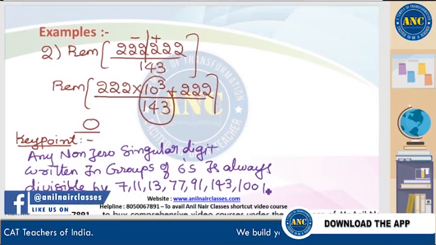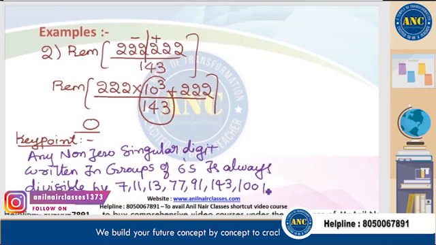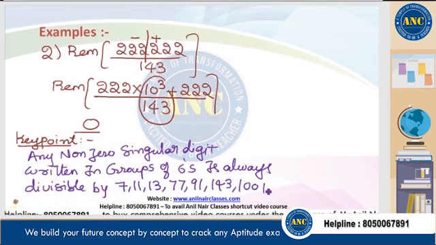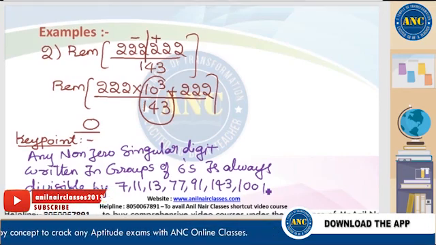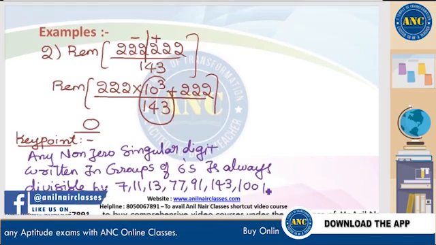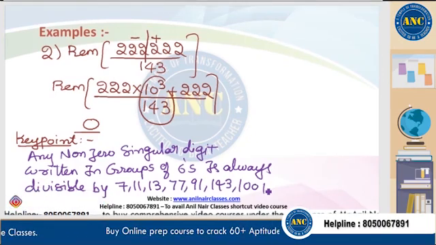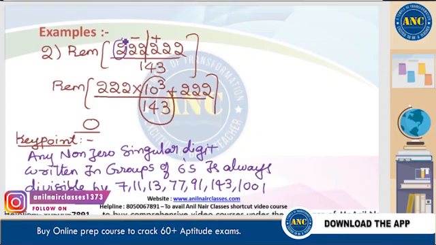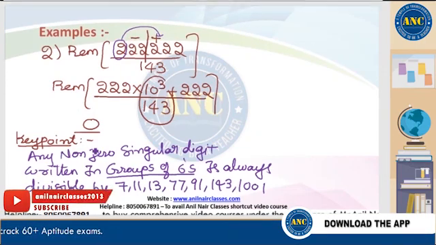You take any non-zero single digit; if it is written in groups of 6, it is always divisible by 7, 11, 13, 77, 91, 143, 1001. Here 2 is a non-zero single digit written in groups of 6. Anything that is written in groups of 6.